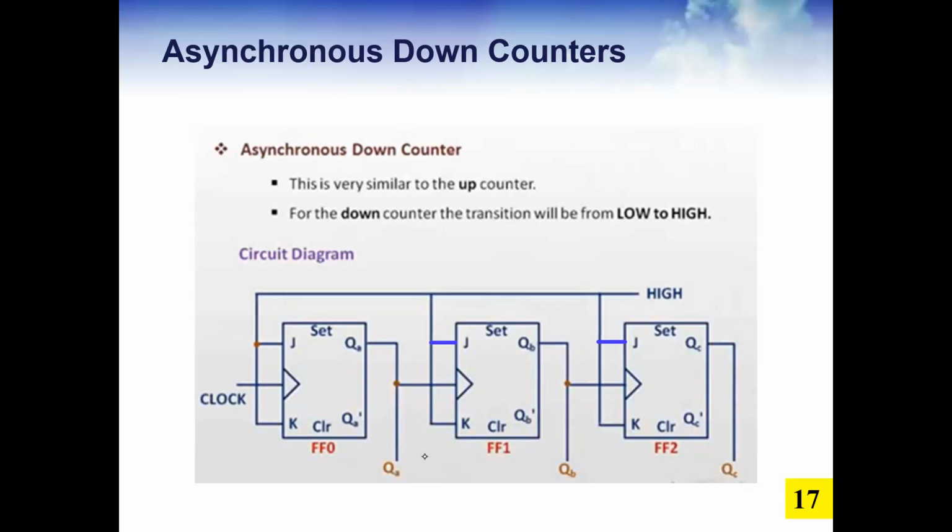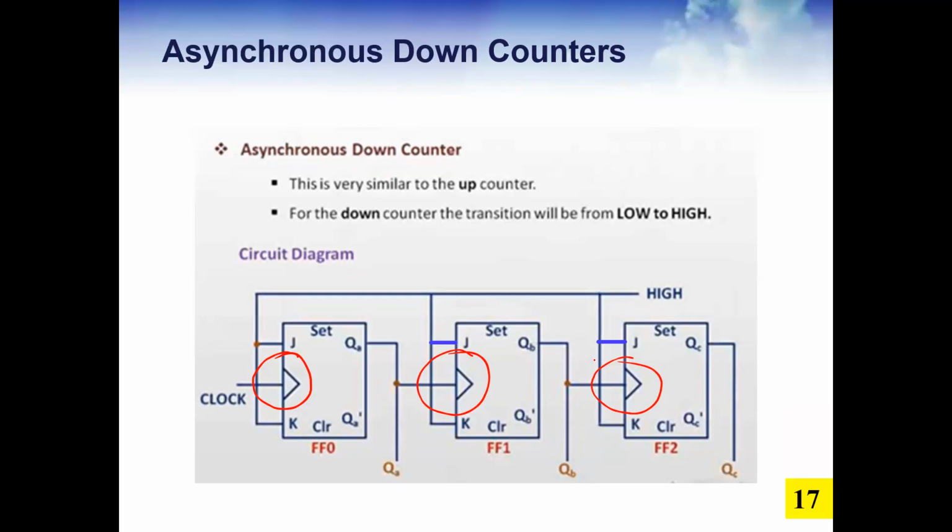For the up counter, we used negative edge clock triggering, but here it is positive edge triggering. This is the only change between the up and down counter. If we use negative edge triggering, it becomes an up counter. If we use positive edge triggering, as you can see here, it becomes a down counter, basically.